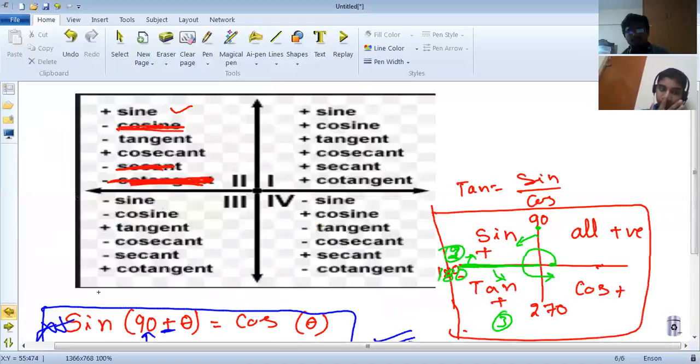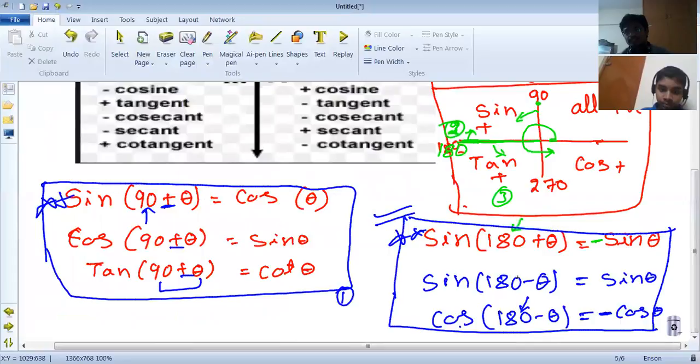See here, cos of 180 plus 45 is in the format of cos of 180 plus theta. Whenever 180, cos will become cos only, and this is in the third quadrant.